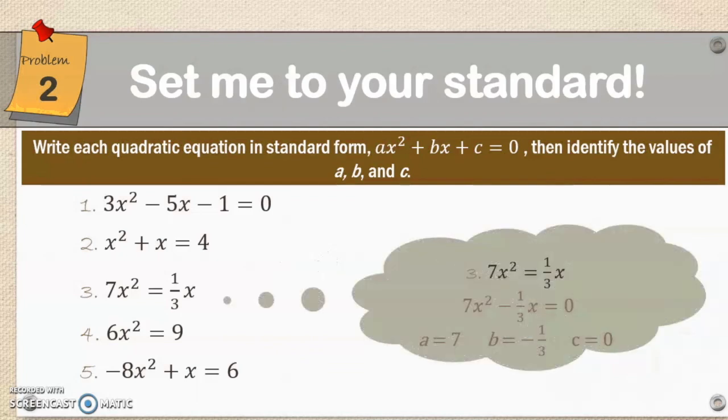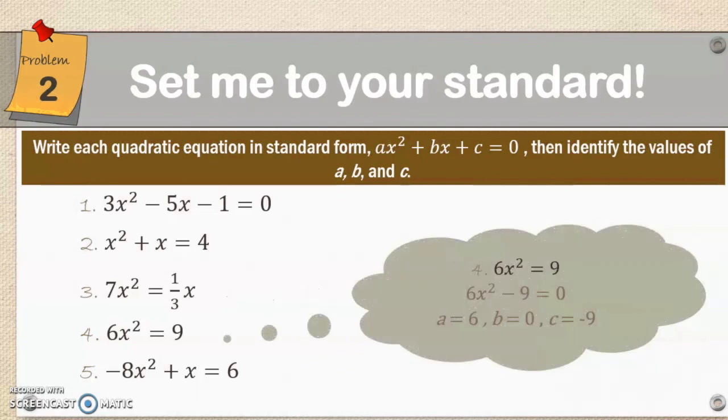Number 3. The standard form is 7x squared minus 1/3 x is equal to 0. A is 7, b is negative 1/3, and c is equal to 0. Very good, because the constant term is not present. Number 4. The standard form is 6x squared minus 9 is equal to 0.